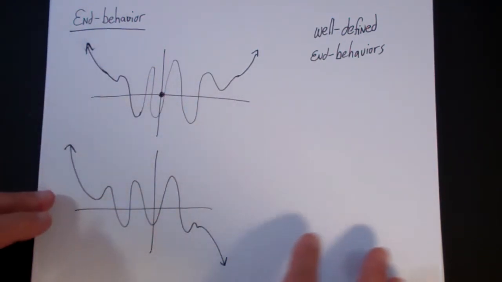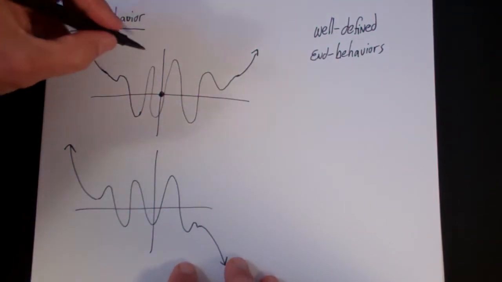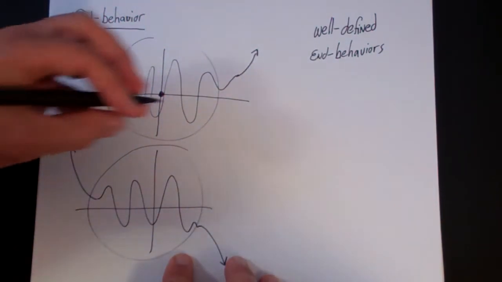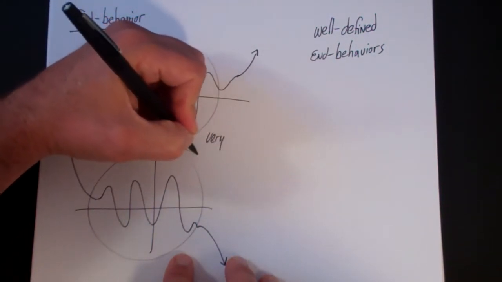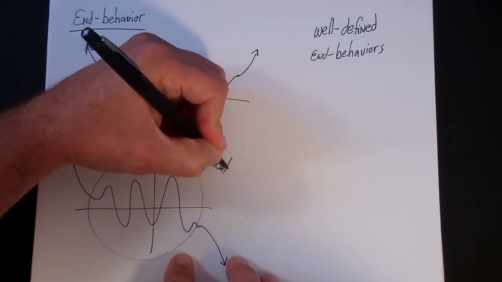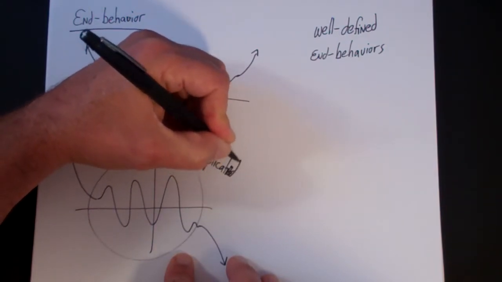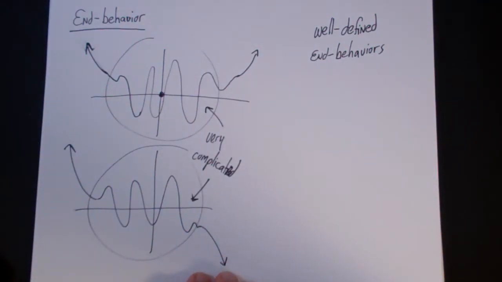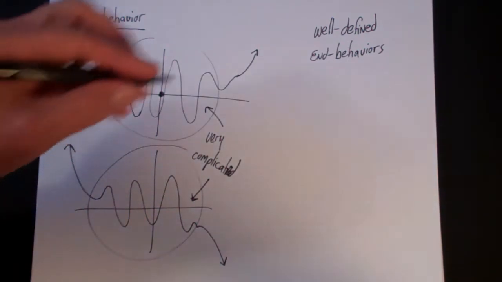The way they describe this sometimes is that in the middle, the function may be very complicated, but as you get far away from the origin, it becomes much less complicated. In fact, it follows one of four different patterns. It turns out that all polynomial functions have well-defined end behaviors.